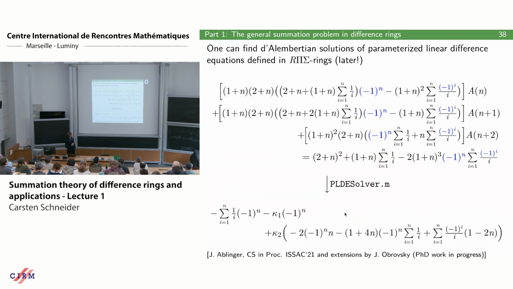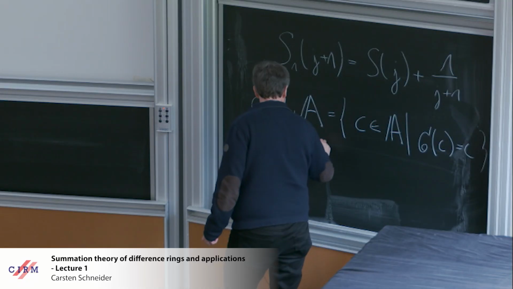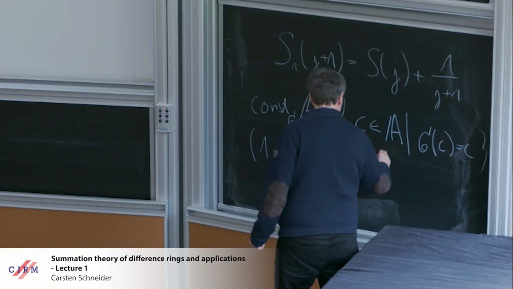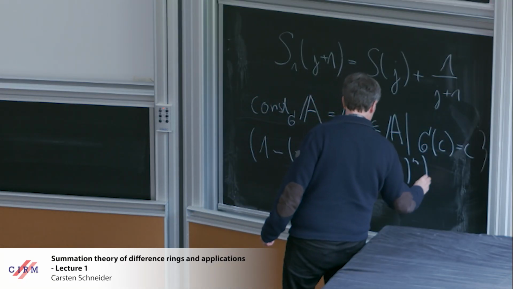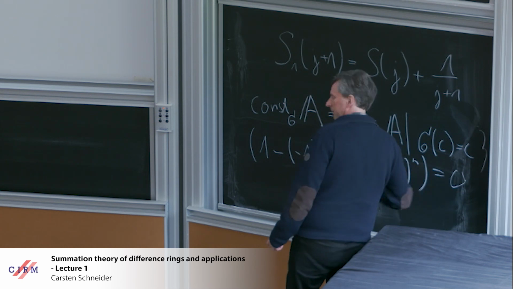For instance, here you see a recurrence of order 2, inhomogeneous, and you see also the alternating sign involved, (-1)^n. And here we get zero divisors. See, if we have 1 minus (-1)^n times 1 plus (-1)^n, this is 0.